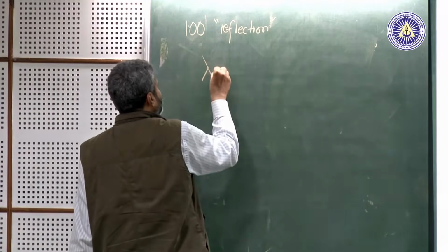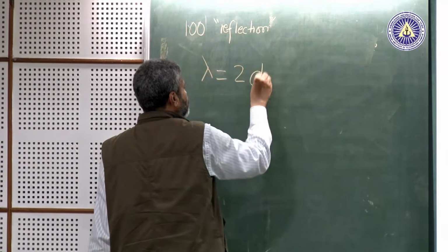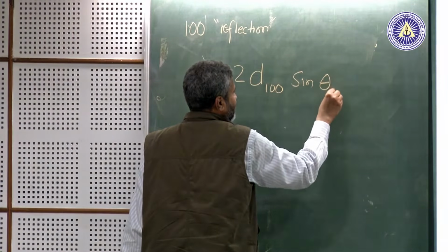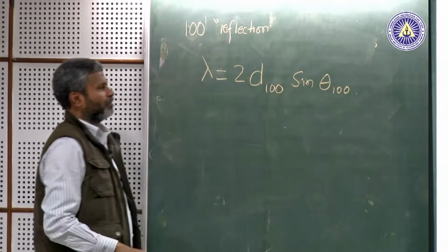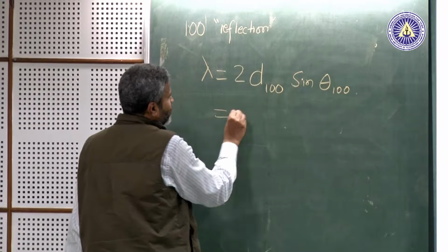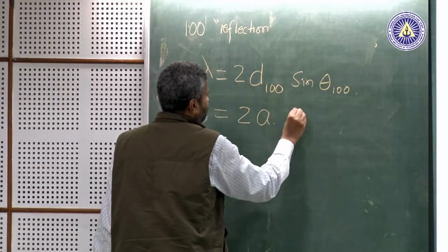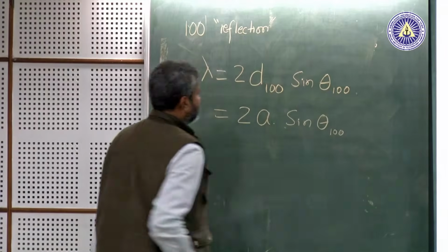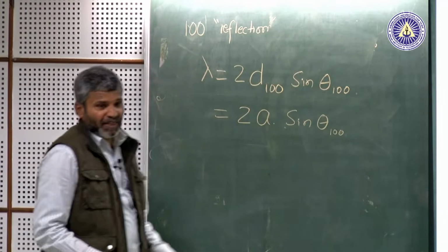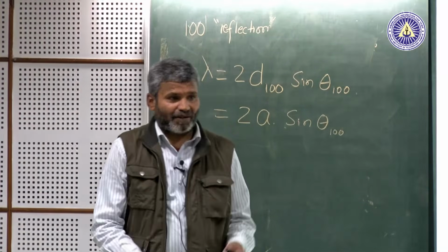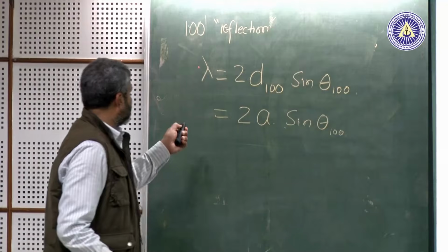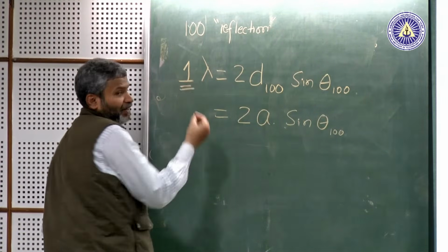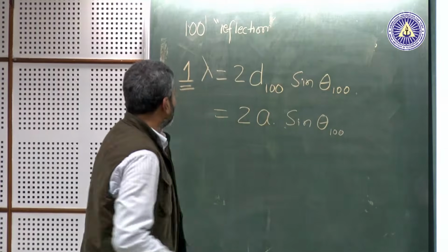Which means lambda is equal to 2 d 100 sin theta 100, but d 100 is nothing but a, so 2a sin theta 100, which means, what is the n? n is 1, and what was this?